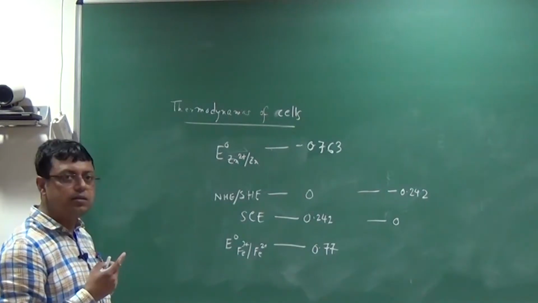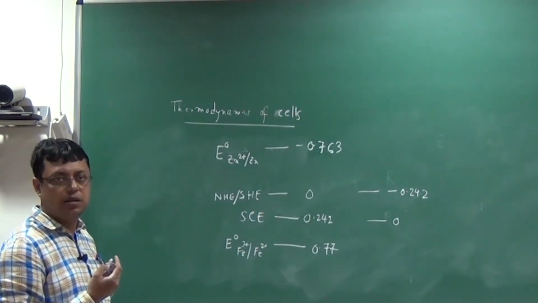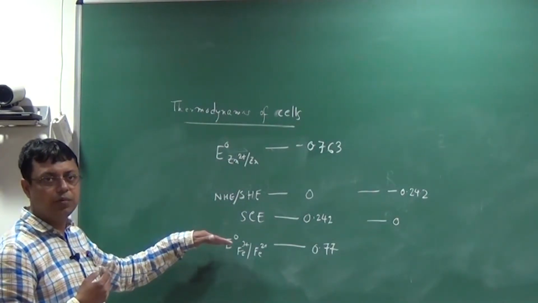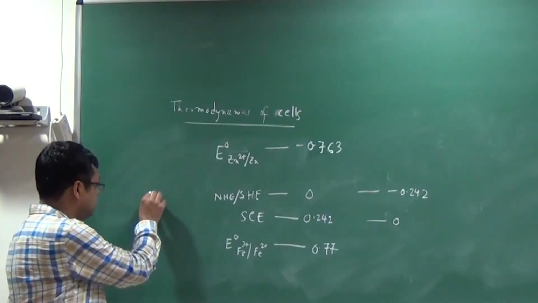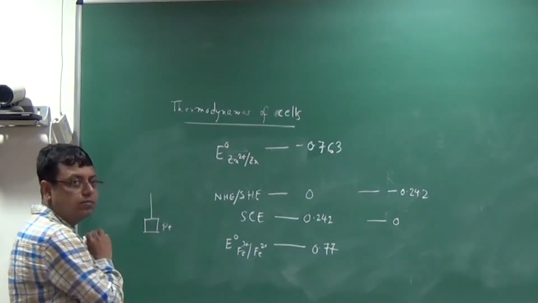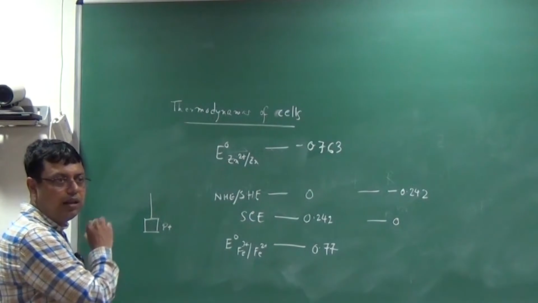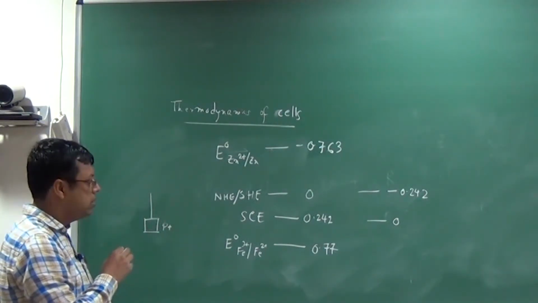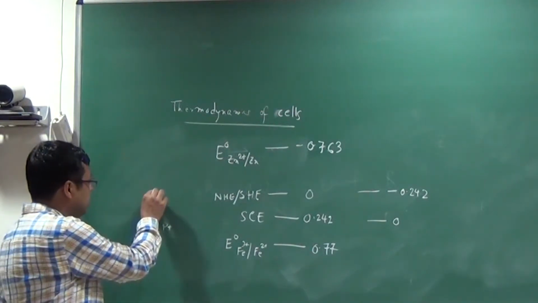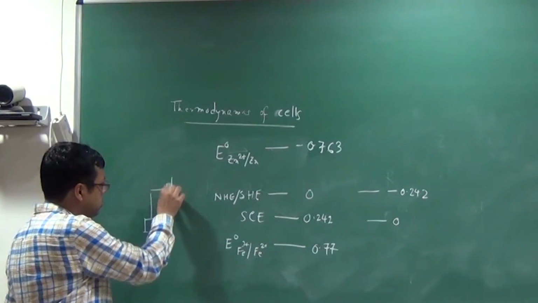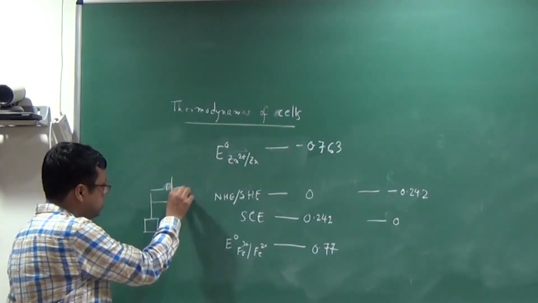But now the question is, is there any absolute scale? What are these? As we were discussing yesterday with the platinum electrode, we are applying voltage.